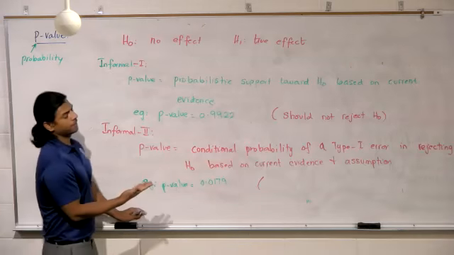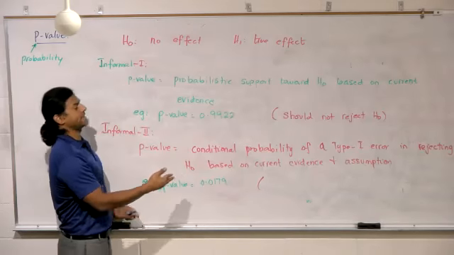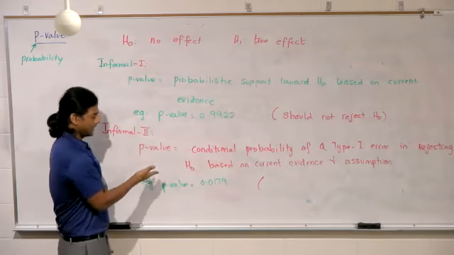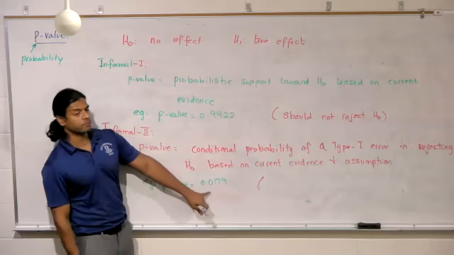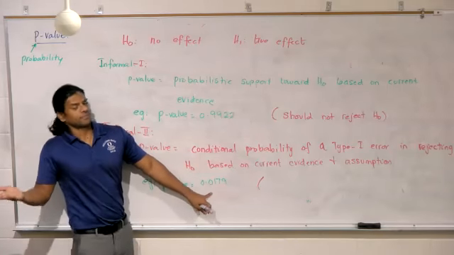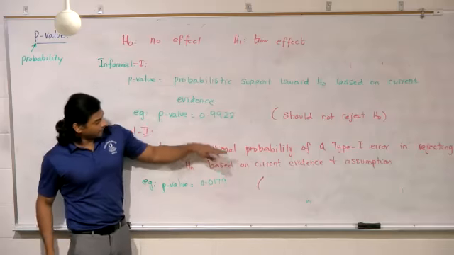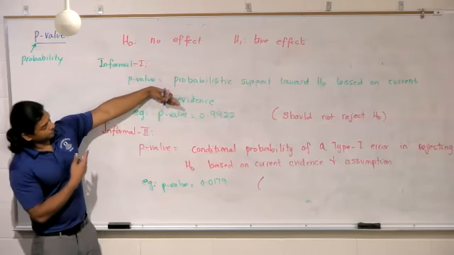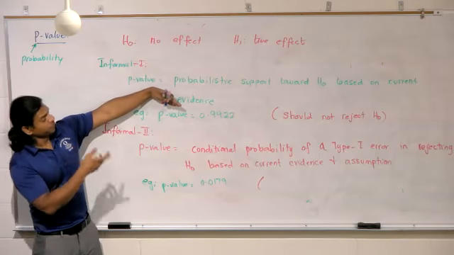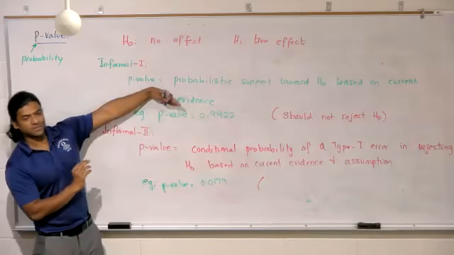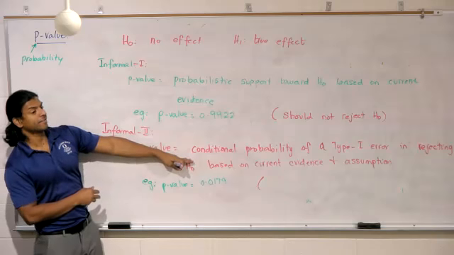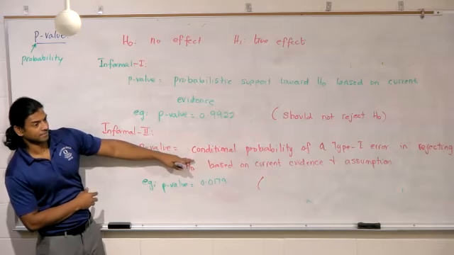So the probability that I would be making that type 1 error, conditioned on the data that I have and my current assumptions, is about 1.79%. That's not a whole lot. If you use the same logic over here, 99.22%, should you make a conclusion of rejecting the null if the probability of error is 99.22%?